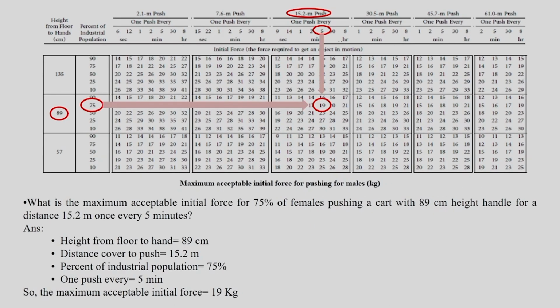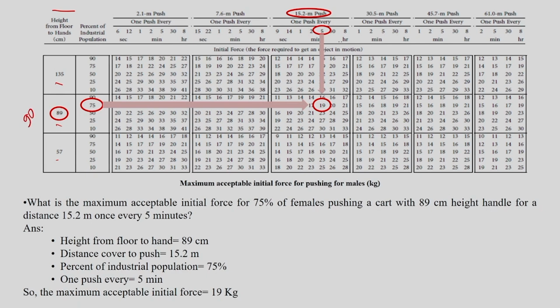Here you can see height from floor to hand. Either this centimeter or this, anything between this. Suppose for your case the height is 90 centimeter, then what will you do?